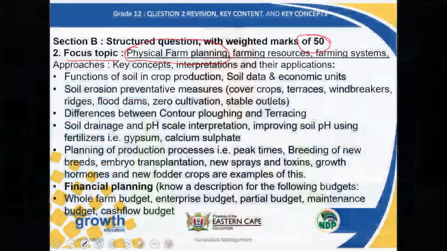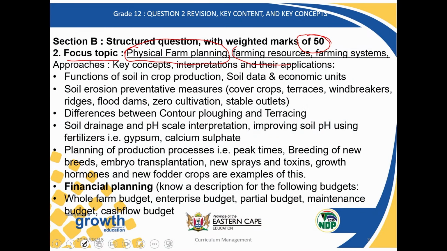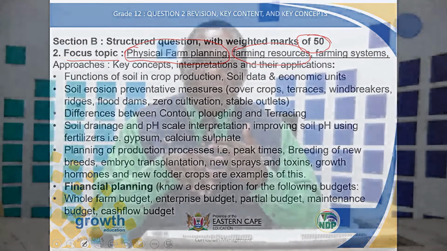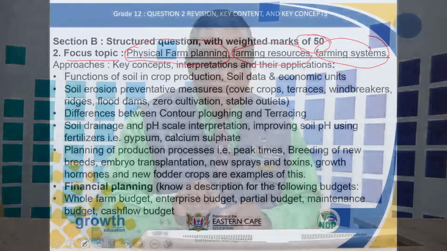Hence, now I'm saying physical farm planning, we're talking about the farming resources. When we talk about farming resources here, we're talking about land, the soil, the temperature, the climate, the rainfall patterns, and all those that are making a contribution in making sure that we maximize food production. And we'll also get to the farming systems.